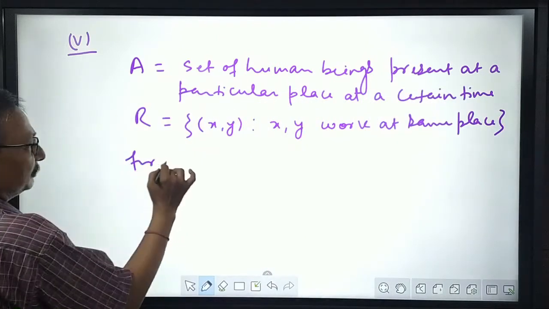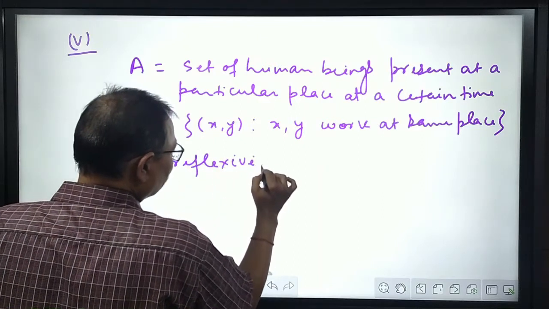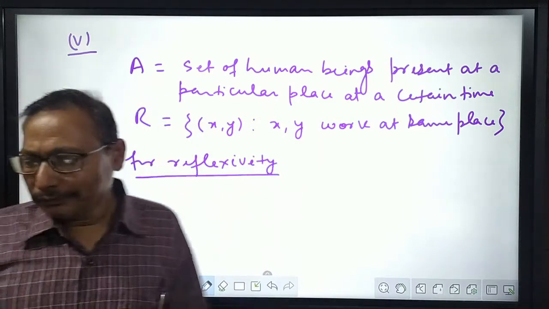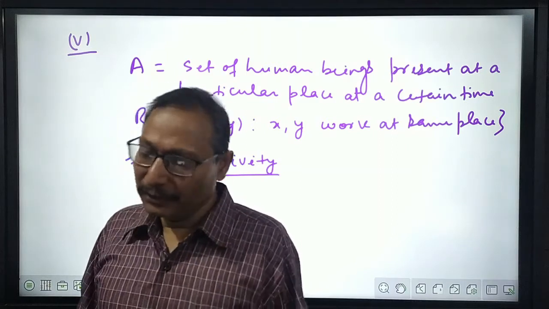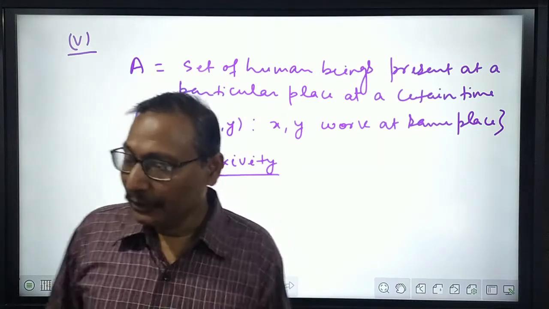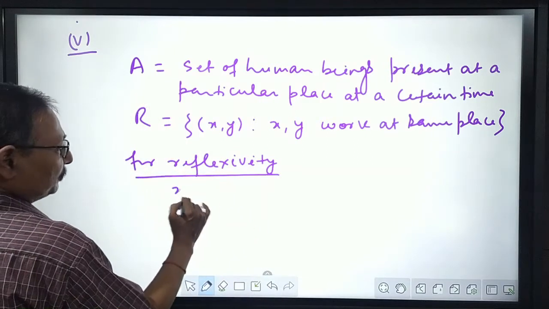For reflexivity, what is to do? Very simple work. We are to pick an element from the given set. For reflexivity, always pick an element from the given set. So suppose that any member x belongs to A.